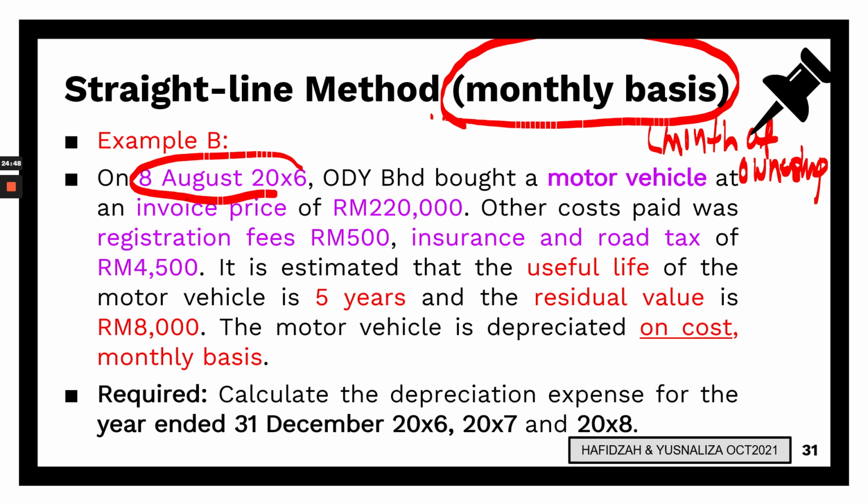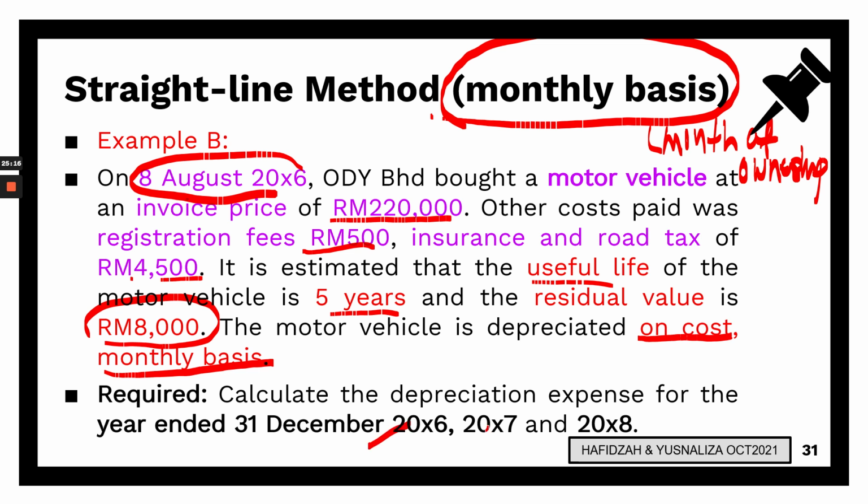And you bought the price is 220, registration fees and insurance and road tax for the first time. Invoice price is the purchase price or the supplier's price. The useful life is expected to be 5 years, and there is a residual value of 8,000, and it was on cost monthly basis.